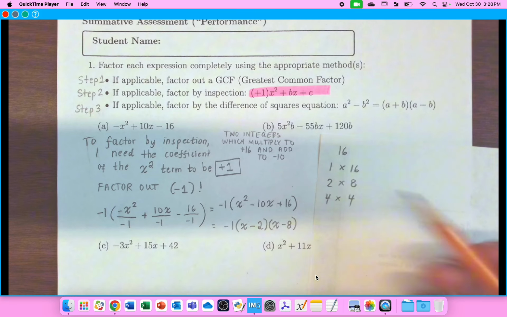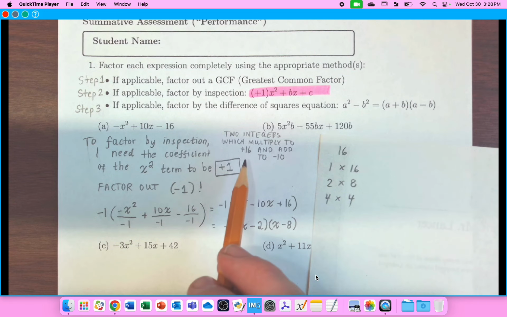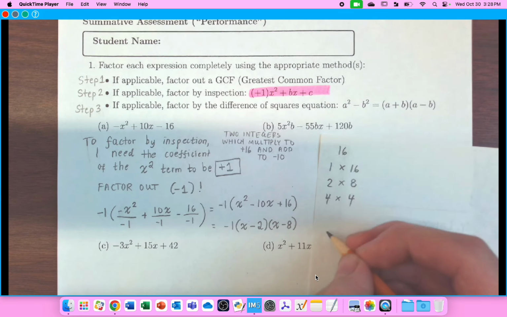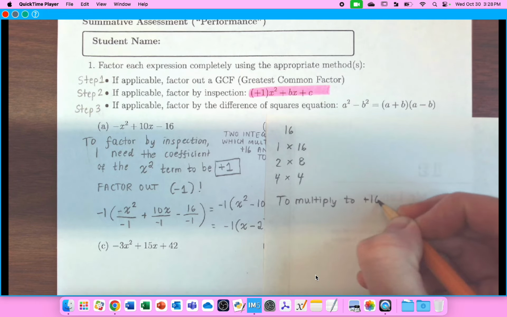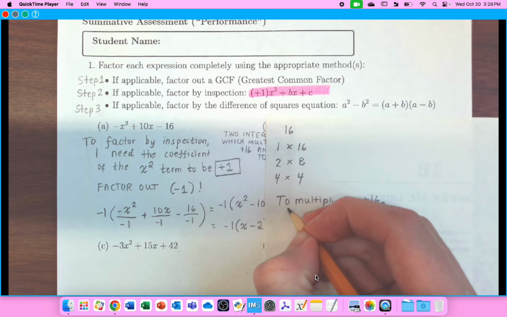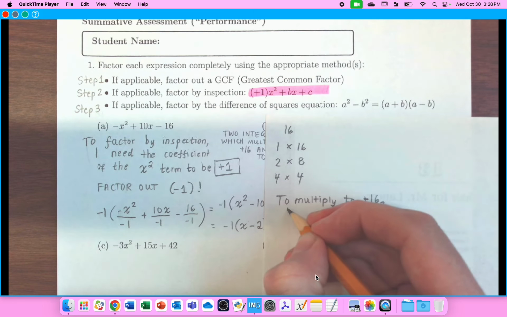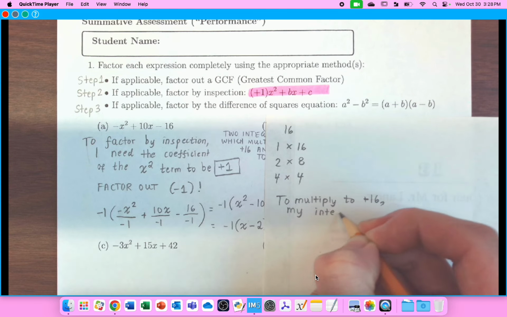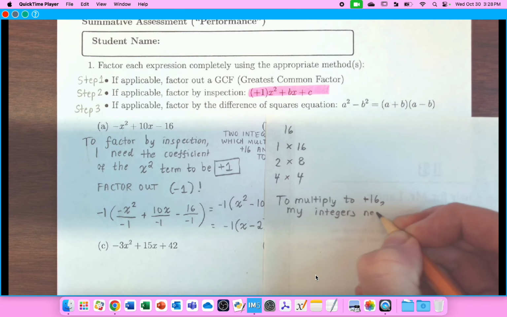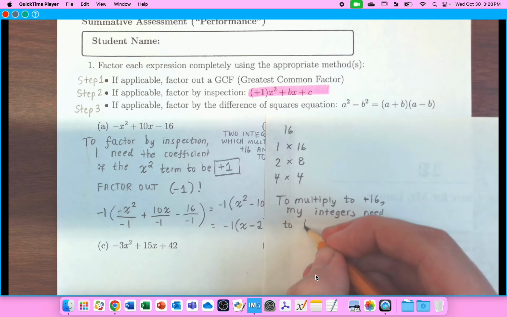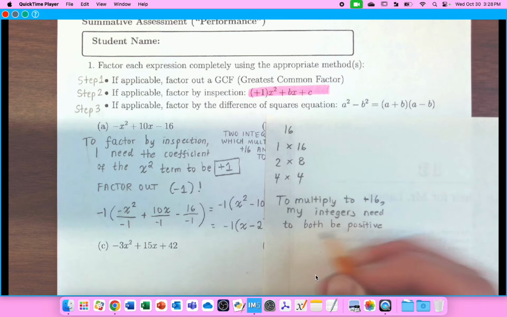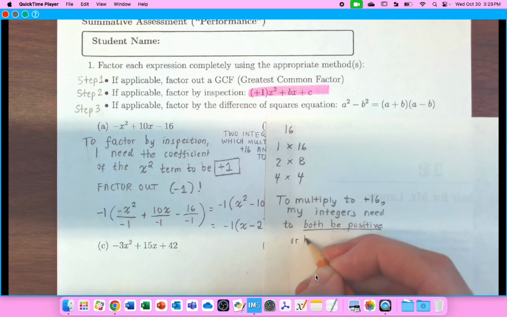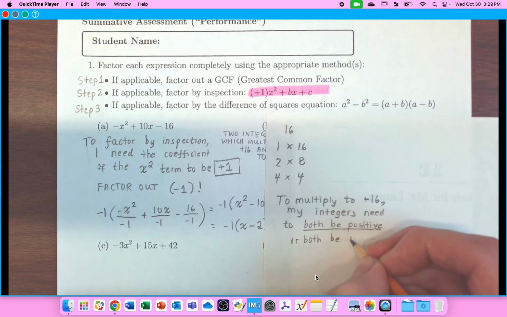I know that to get to positive 16, to multiply to positive 16, my integers need to both be positive or both be negative.